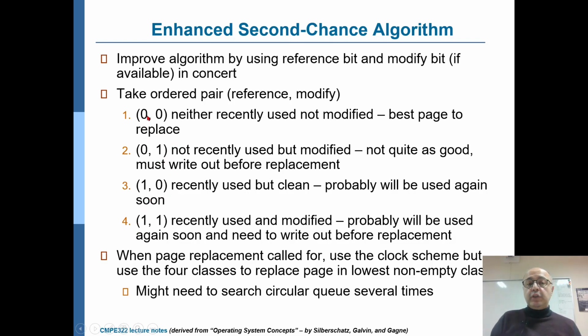If it's 0,0, that means this page has not been accessed recently, and also it has not been modified. That means if you select it as the victim, first of all, you don't need to write it. You can just discard it simply. So we avoid one page copy operation to the swap space.